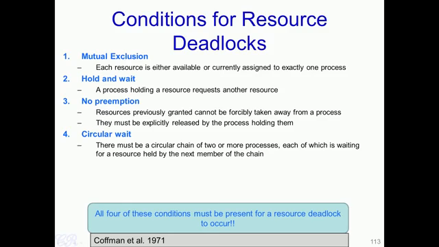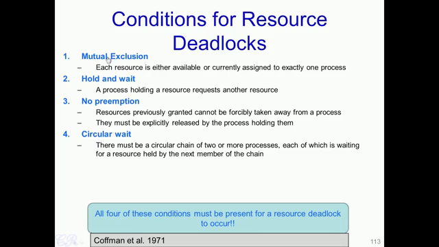On the other hand, suppose a system has been developed where all of these things are possible, that is, there is mutual exclusion when using resources, a process could hold a resource and wait for another one, once allocated they cannot be forcefully preempted, and circular wait is allowed.